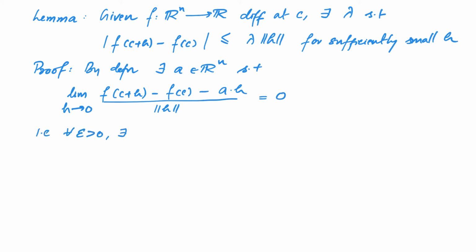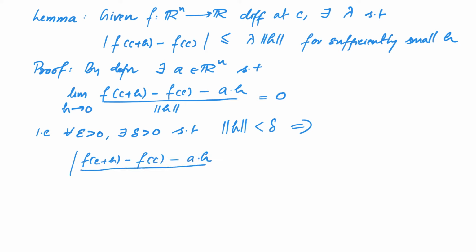That is, for every epsilon greater than 0, there exists a delta greater than 0 such that whenever norm h is less than delta, modulus of f of c plus h minus f of c minus a dot h, divided by norm h, is less than epsilon.